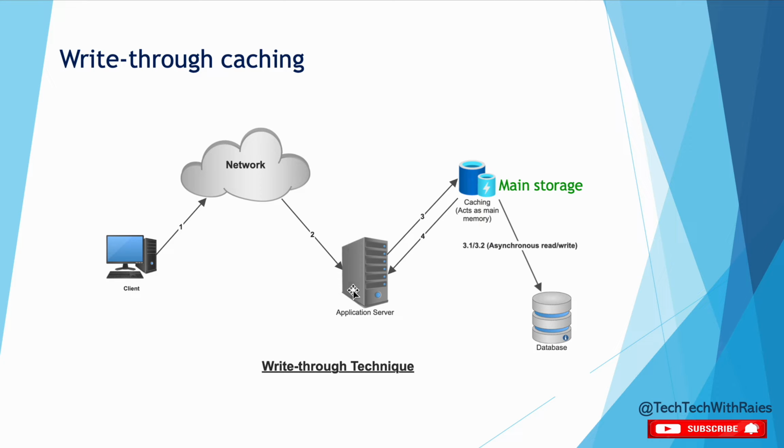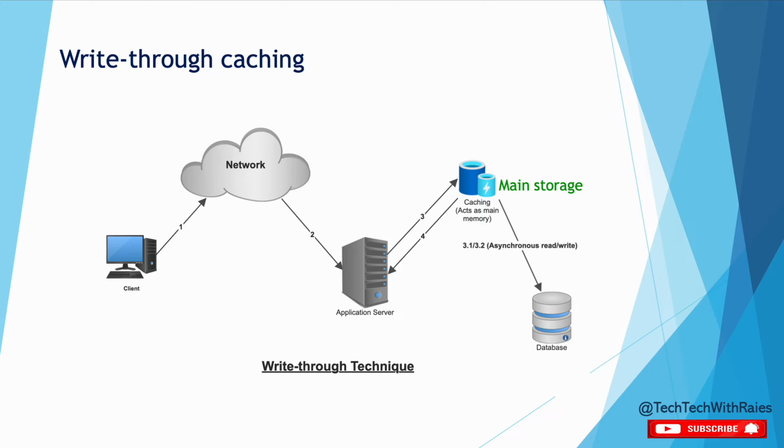The application does not interact with the database directly; rather, all the writes and reads are done from the caching layer itself. This way, the caching layer acts as the main storage, and whatever data is saved in the caching layer is asynchronously transferred to the database server. As the name suggests, the whole data is written through the caching to the database.